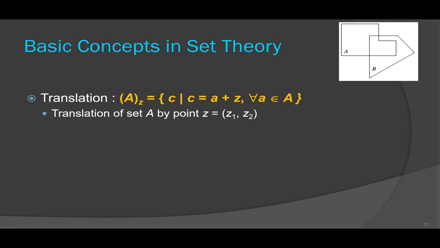So what is translation? Translation is denoted as A subscript Z, where Z is the displacement that we are interested in.